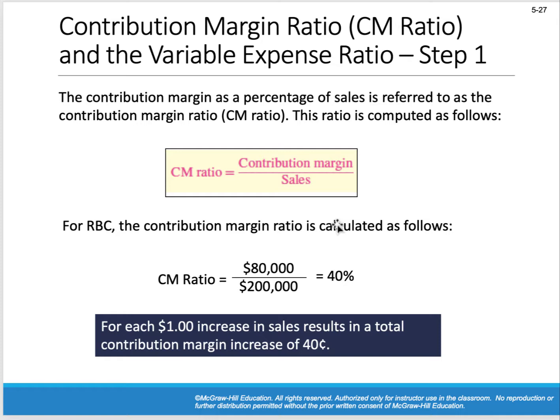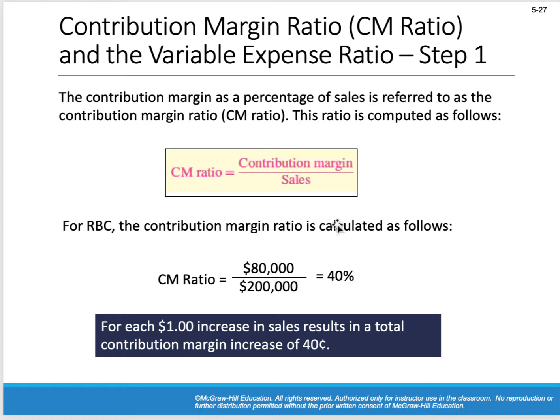What does that 40% mean? Well, for RBC with a CM ratio of 40%, that means that each dollar increase in sales results in a total contribution margin increase of 40%. Okay? So we're using the CM ratio to say, okay, what percentage of my sales increase will go to my CM?